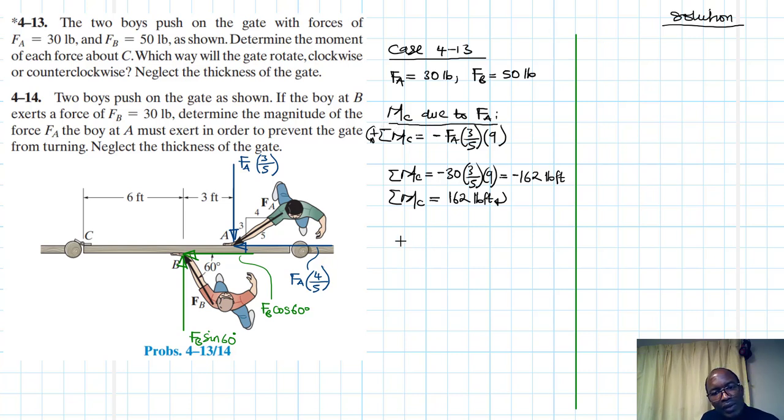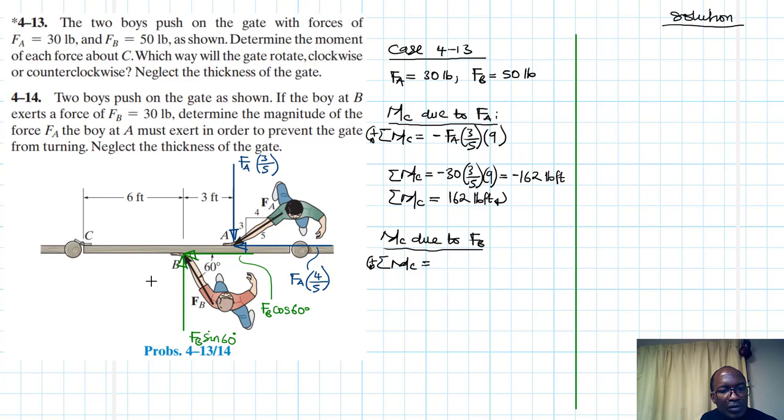All right, let's look at the moment about C due to FB. Again, we'll say the summation of moments about point C, with clockwise being our reference, due to FB.